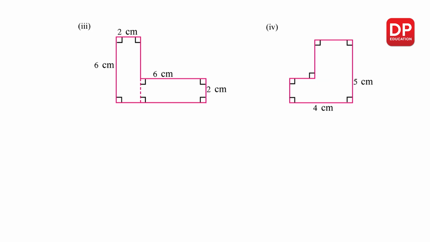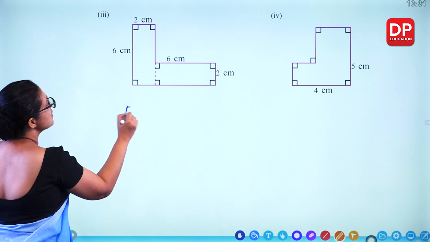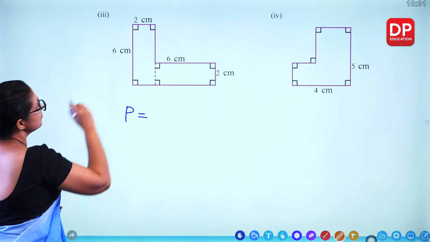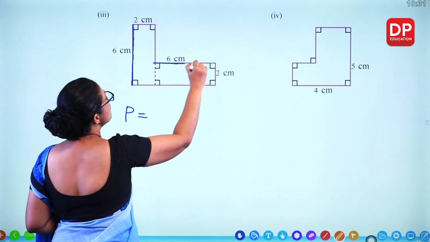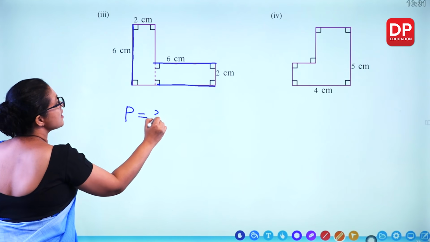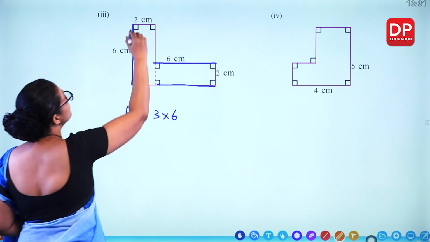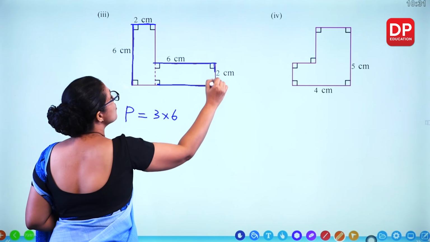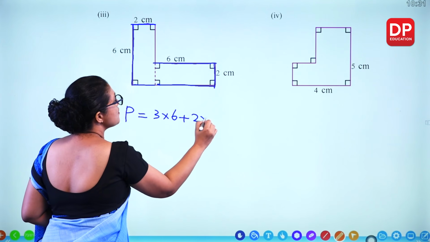Look at this figure. Combination of 2 rectangles. So what's the perimeter? We'll take 6 length. 1, 2, 3. 3 times 6. When it comes to 2, 1, 2 and 3. 2 times 3.